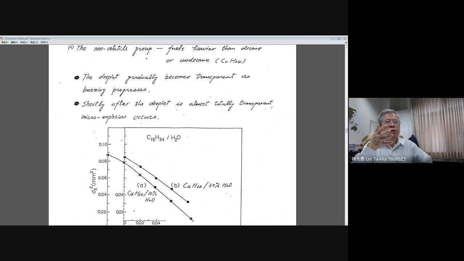That means that in the process, some heat transfers into your droplet, and this heat represents some energy added to the liquid. It improves the mixing of the water with the non-volatile fuel, in this example C16. Then the mixing level reduces to the Angstrom level, and the appearance of the droplet becomes transparent. This is the first observation and is completely different from the previous volatile group.